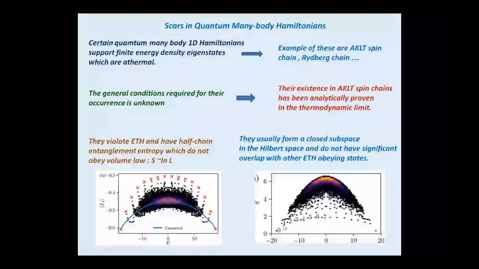And then there is this set of points towards the bottom, at the middle of the energy, which means it's in the middle of the Hilbert space. However, their entanglement is very low, so they have area law, and these are the scars. So these are what we call quantum scars.